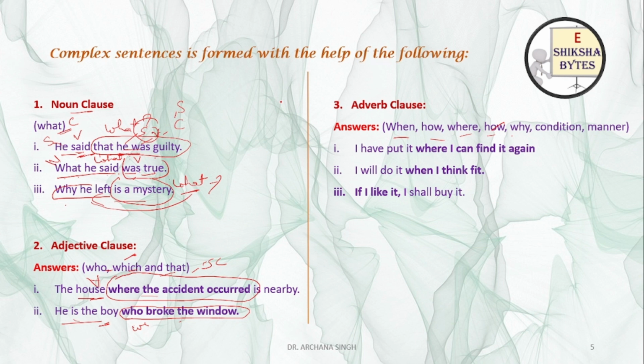If you say, I have put it where I can find it, you get an answer of where you have put it. So this becomes your adverb clause, where I can find it, and the entire sentence is your complex sentence. As I told you, whenever there are subordinating conjunctions like where, when, if, and you add these in a sentence, you can easily make complex sentences.